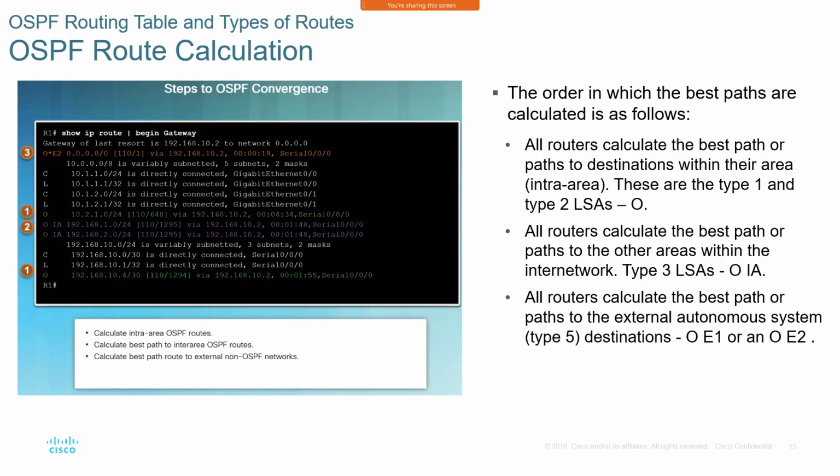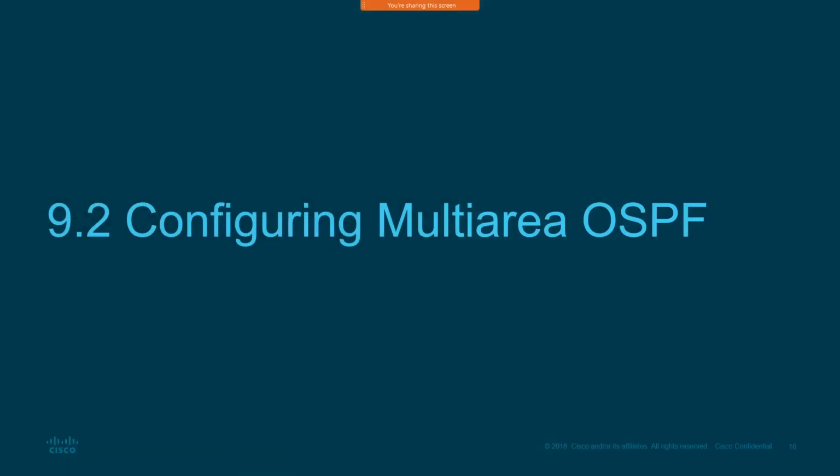All routers calculate the best path or paths to other areas within the internetwork. They're doing that based on information from an ABR, as we already discussed, which is considered inter-area because it's coming from a different area. All routers calculate the best path or paths to the external autonomous system. We already talked about OE1 and OE2.